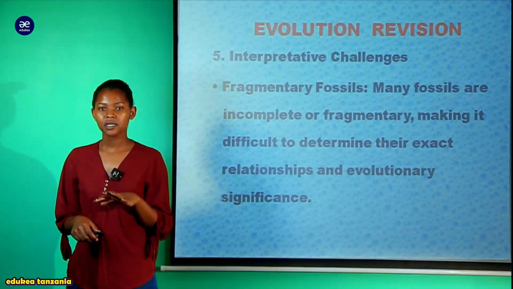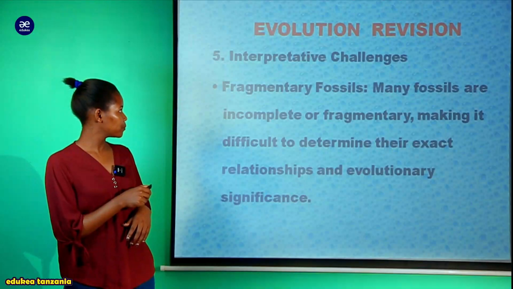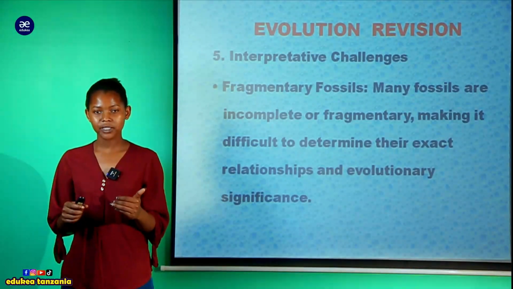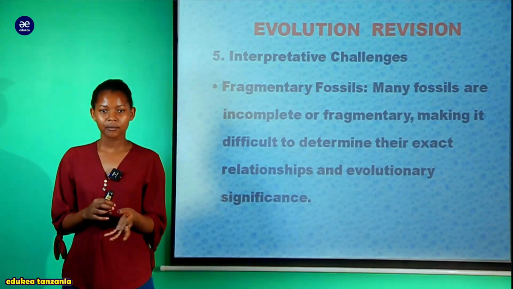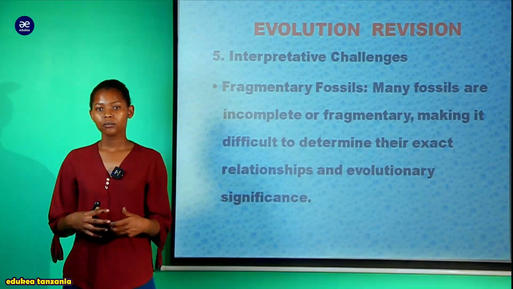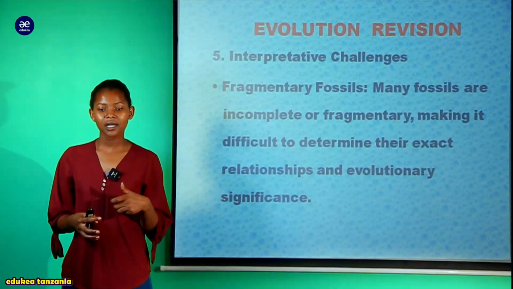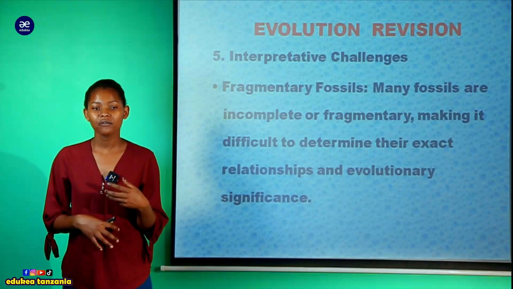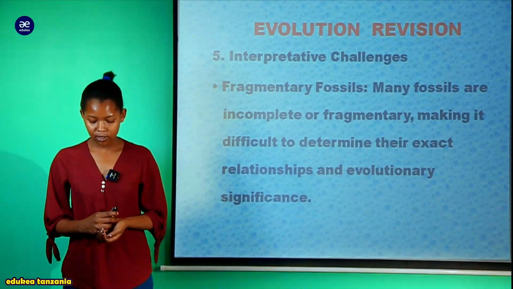So, tunapozungumzia interpretive challenges ni kwamba kuna fossils yes zinaweza zikapatikana zikatunzwa, but after a while zinaanza kuvunjika, some parts zinaanza ku-degrade na kupotea. Kwa hiyo inakuwa ni vigumu mtu ambaye anakuja kusoma zile fossils kupata uhakika kwamba this organism ataendana na organism gani au atakuwa evolutionary related na organism gani. That is all about it.